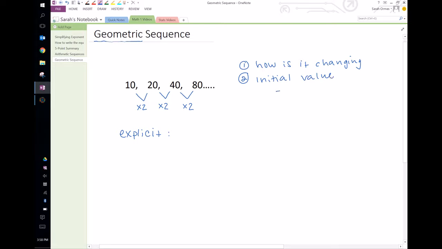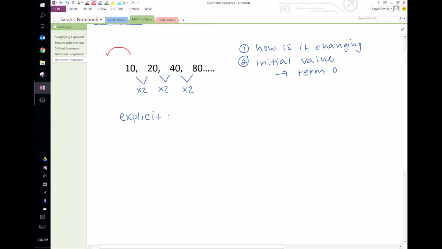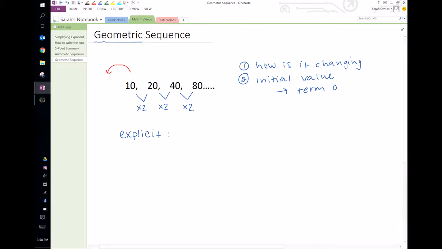And remember, an initial value is term 0. So the first number in my list that I see is 10. So that must be my first term. So to get my 0 term, I'm going to have to go backwards. So we're going to ask ourselves, some number times 2 equals 10. The number is 5. And then we'll double check. 5 times 2. Yep, our pattern still works.